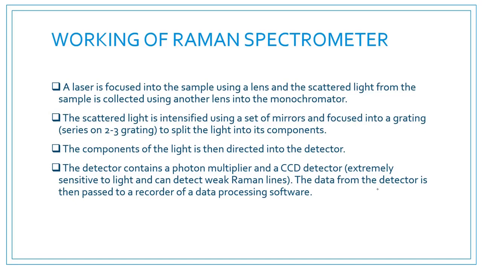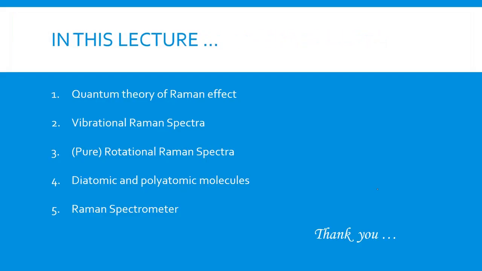It will detect every light, and the result is passed on to data processing software, and the software will tell us what kind of lines were scattered from that particular sample. This is how the Raman spectrometer works.